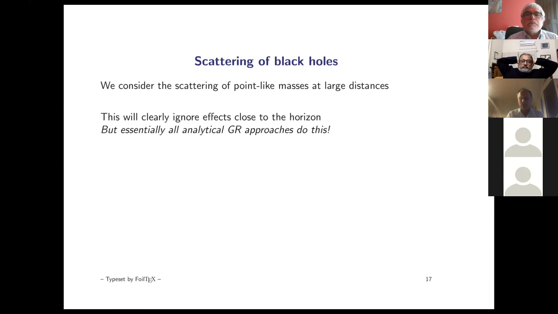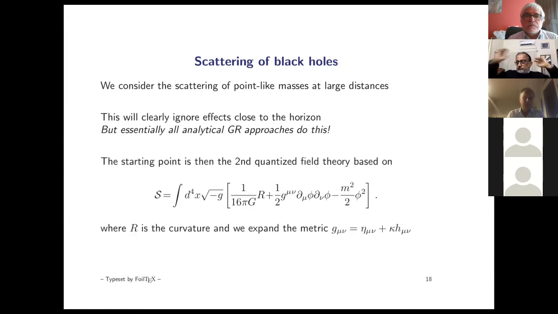And you can say that's a reduction of the problem, but actually almost all analytical general relativity approaches to scattering of two masses have to do that. And if you want to get into the regime where you're close to the horizon, you need to resort to numerical general relativity.